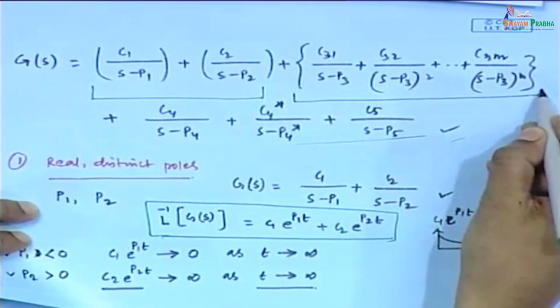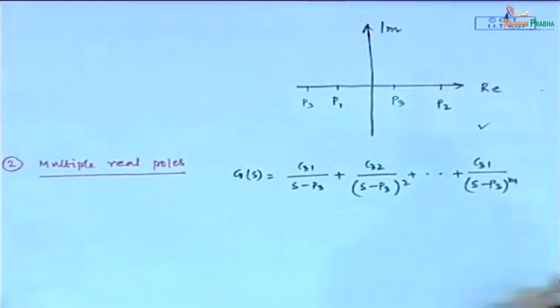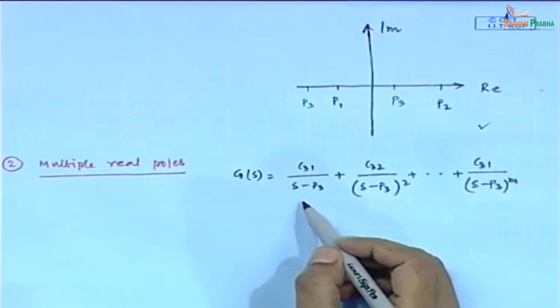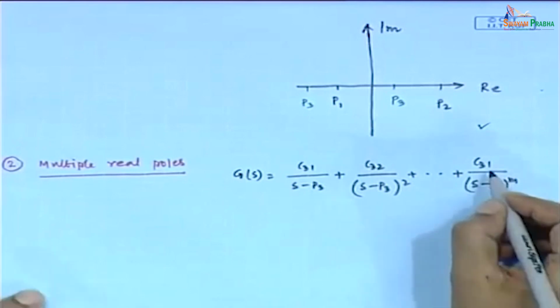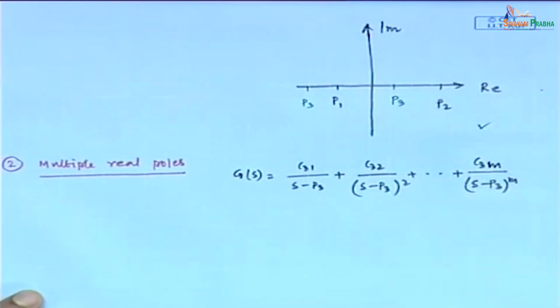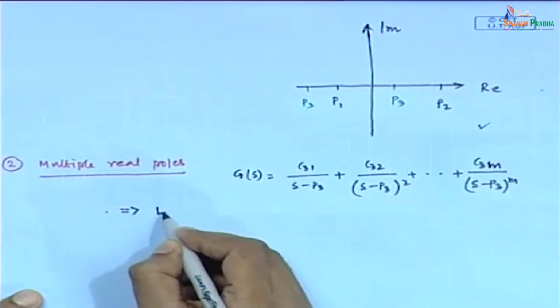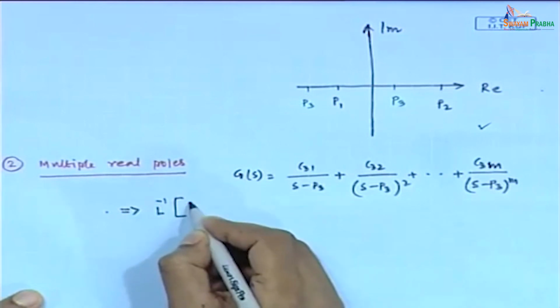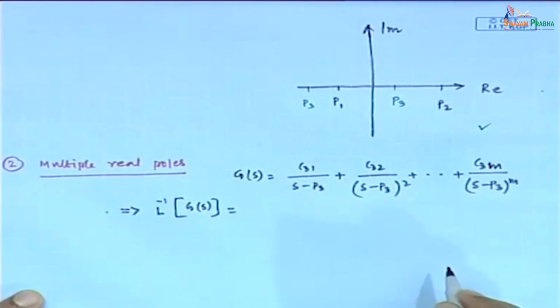So, G(s) equals C31 by (s minus P3), C32 by (s minus P3) whole square, like this way, up to C3m divided by (s minus P3) whole to the power m. In a similar way, we will take the inverse of Laplace transform of G(s). So, what will we get?